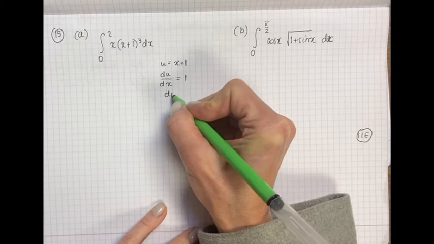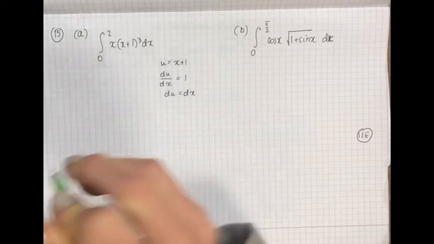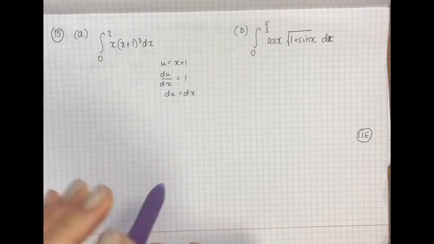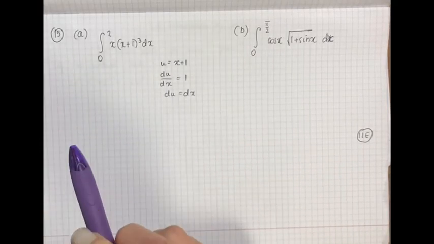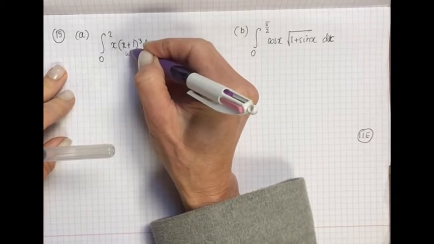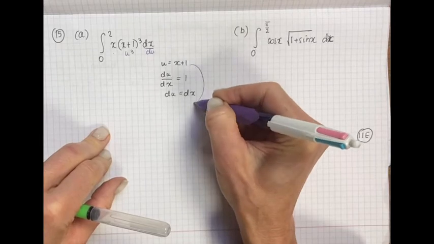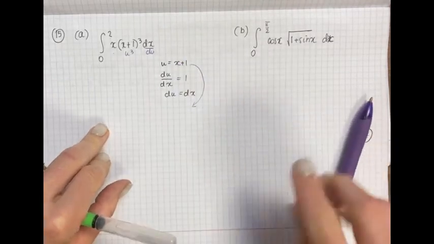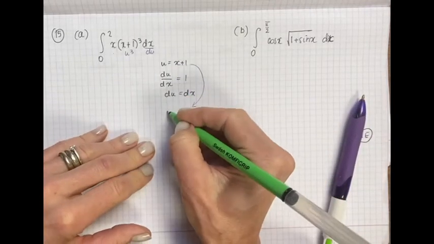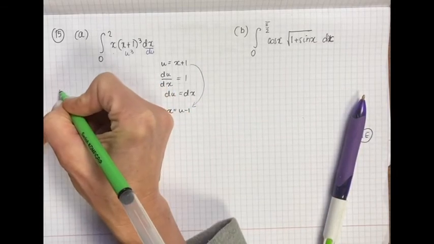So du can be replaced with dx. Over here we've got dx, that will go to du. We've got this, that will become u cubed. And what about x? Well, there's always time to glance at what you're doing with your substitution. You rearrange it, that is u minus 1. So you've got all the replacements.